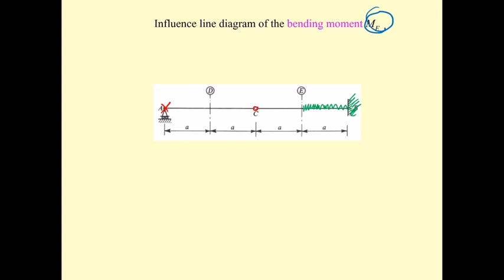We put the hinge at E to eliminate the resistance to M sub E. Okay, and since this is rigid, again no movement, so nothing changes. Then the M sub E is going to rotate this one for 1 unit. If this one moves for 1 unit, it's going to be something like this. It's going to be A, right? This is A. This is going to be minus A. So the shape of the influence line here is going to be like this.